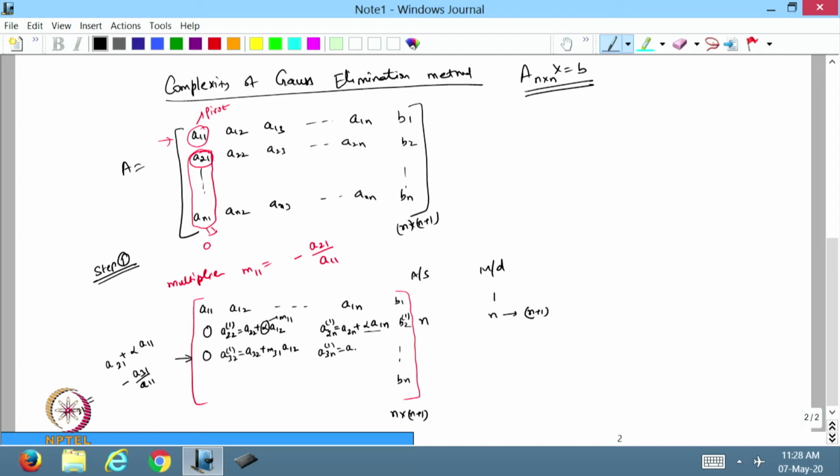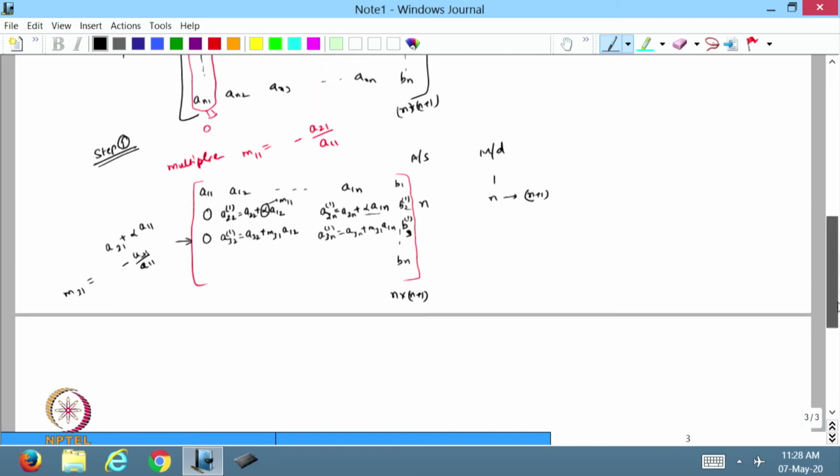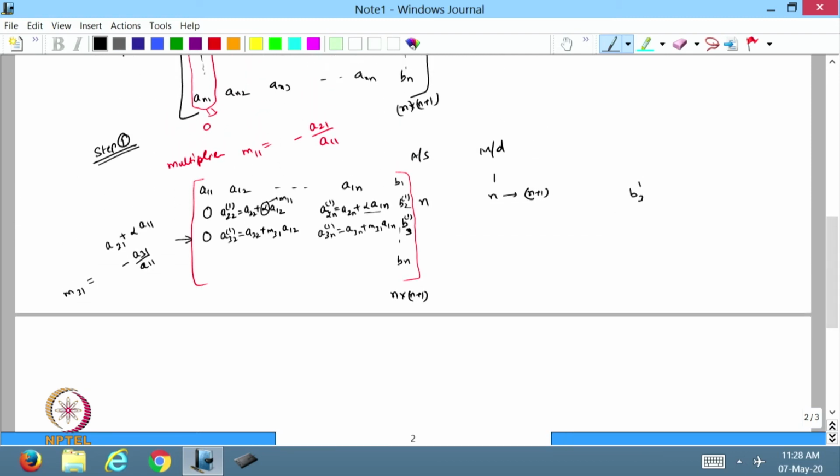So, it will be A3n plus M31 A1n, and this will be again the B. So, this B will be B31, and B31 I can write as B3 plus M31 into B1. So, that will be my B31.